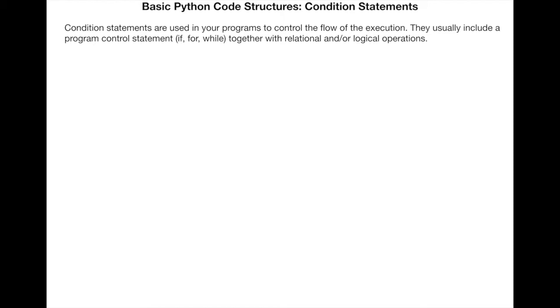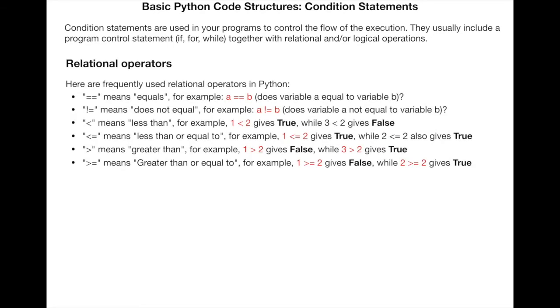First, let's take a look at relational and logical operations. Relational operations use operators to decide the relationship between 2 values, and they usually return either false or true, which are booleans.